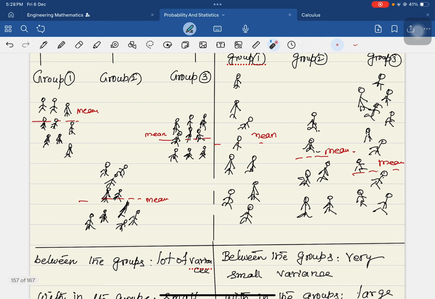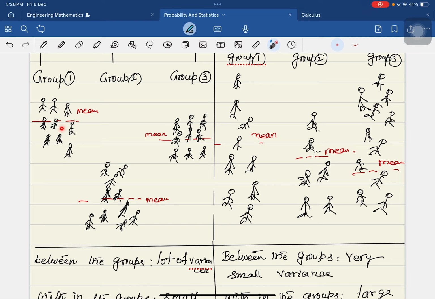So what you can observe here is that between the groups, that means between any two groups, the mean is very far. That means there is a lot of variance in the means between any two groups.